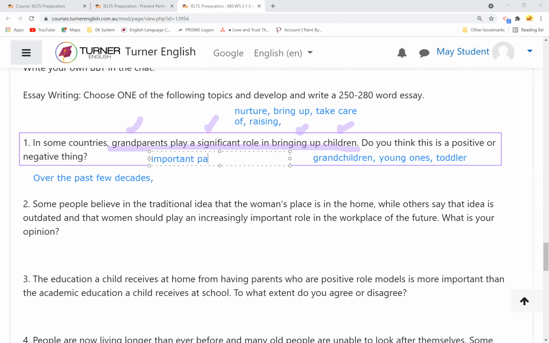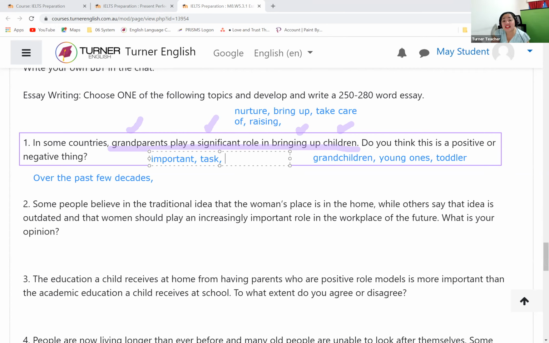Important part or important place? Really not part, really not place. It's not a place, it's a role. Can you think of any other word? Character? No, it's not a character. It's a task, isn't it?